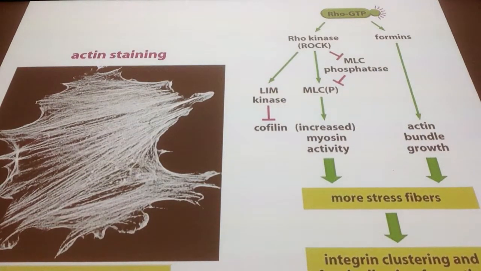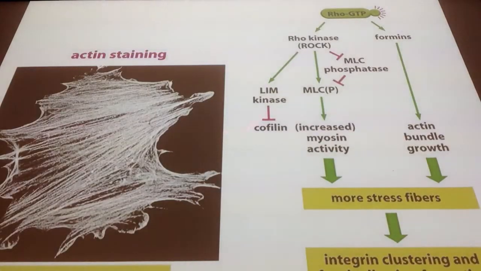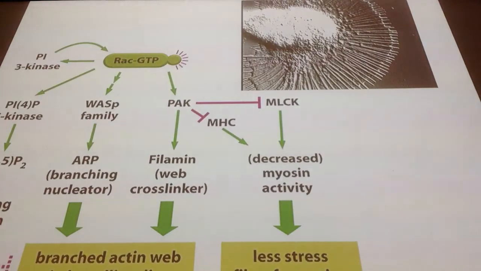I will explain this in the following pictures. Okay? So Rac and Rho activate these signal transduction pathways, which lead to these effector functions. Just to give you an idea, don't try to memorize these two slides. Just to give you an idea that signal transduction pathways are involved, and then effector functions are involved.